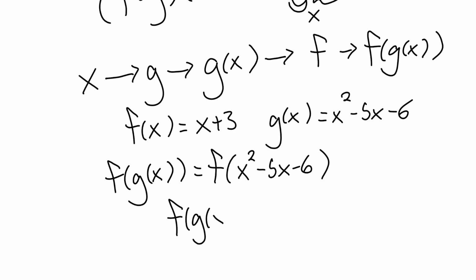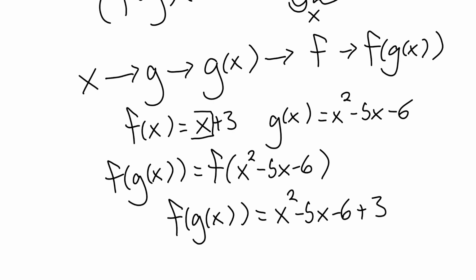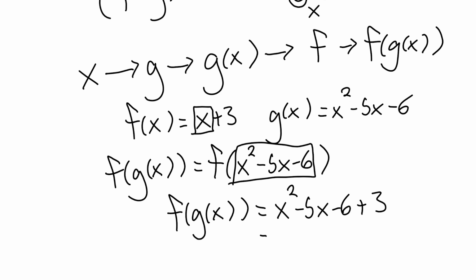So f of g of x is going to be x squared minus 5x minus 6 plus 3. This x right here was just replaced by this entire expression, and then we have the plus 3 because that's the only non-x term. We can do simple combining of like terms: minus 6 plus 3 gives us minus 3, and that's our new function, f of g of x.